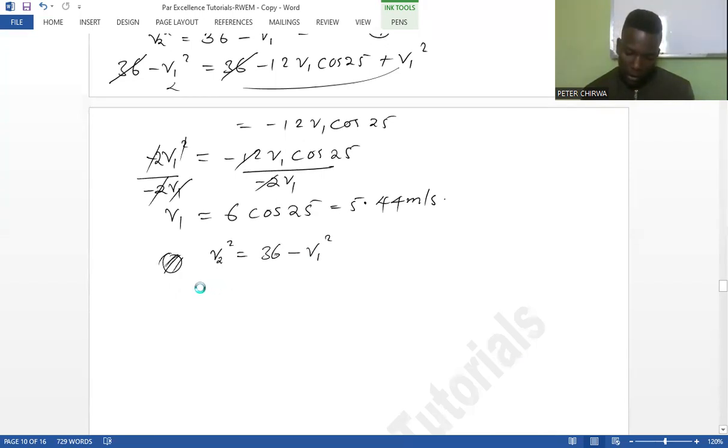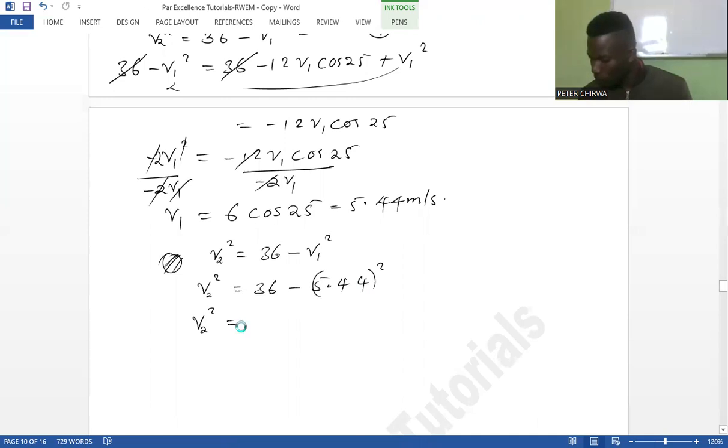So v2 squared equals 36 minus 5.44 squared. 5.44 squared gives us 29 point something, and 36 minus that, we get 6.4064.